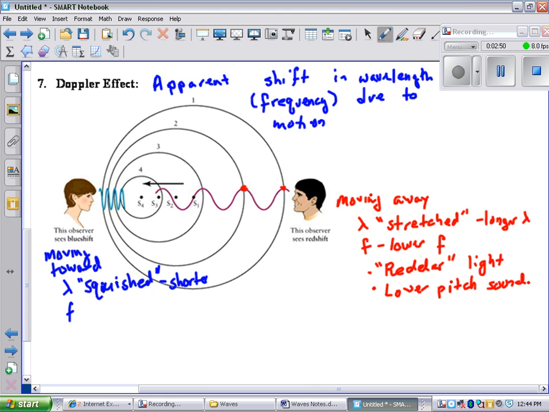The frequency is higher. This over here is going to be higher frequency than this. This is lower frequency. And we get a blue shift because the bluer colors are higher frequency and shorter wavelengths, so blue, indigo, and violet are the shortest wavelength colors of light, and you would get higher pitch sound.